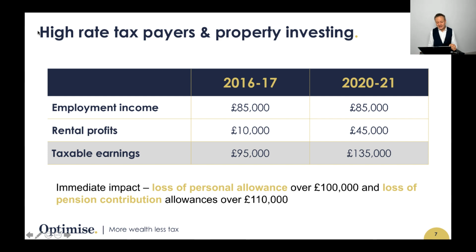It gets exacerbated, and let's imagine that Jane now had a salary of £85,000 back in 2016-17. It doesn't really increase too much when inflation stays as it is, and the property portfolio taxable income is being rebased. She now loses her personal allowance, which right now is £12,500, which you can earn and have no tax.